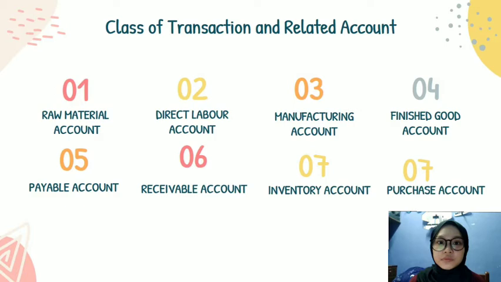The classes of transaction and related accounts for completeness are firstly raw material account, direct labor account, manufacturing account, finished goods account, payable account, receivable account, inventory account, and lastly purchase account.